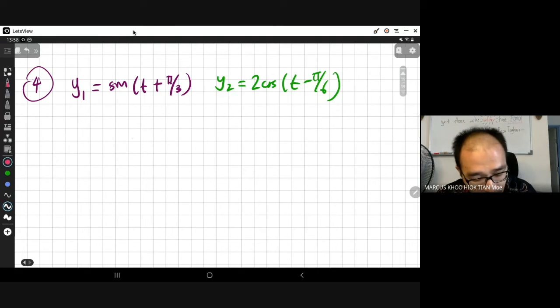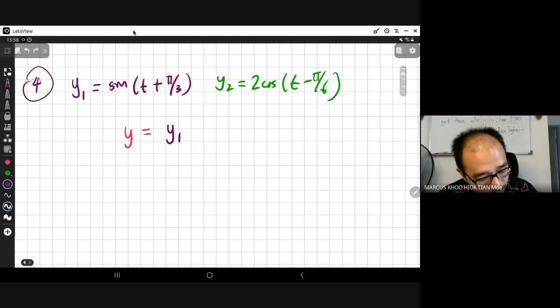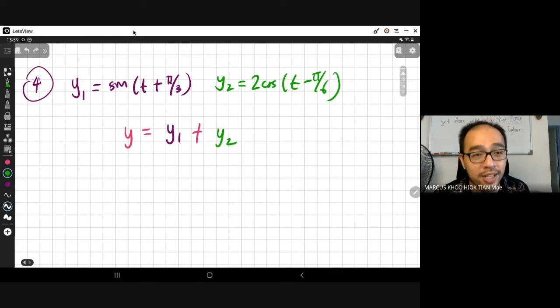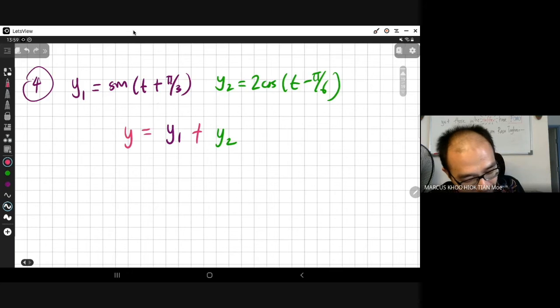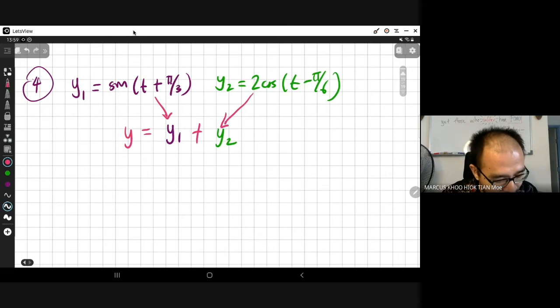So obviously what we're going to do is we're going to use this y1. Oh no. You know what's so funny? I'm laughing because this question is so over the top. Y1 plus y2. We're going to put this in here, and then add them up. And then we're going to convert them.